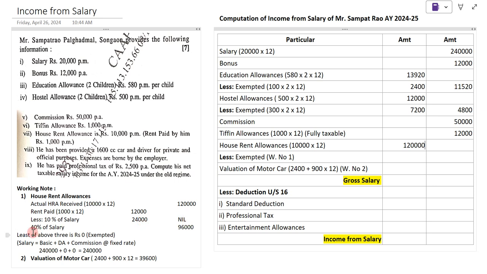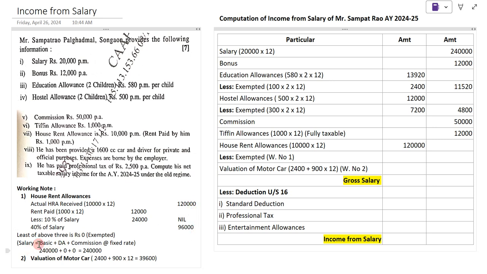Then the next point, the third point, is 40% of salary. Now 40% of 2,40,000 we get 96,000. Now from these 3, that is 1,20,000, nil and 96,000, whichever is least or whichever is low, that will be exempted.